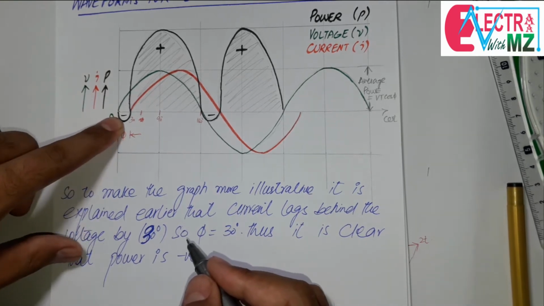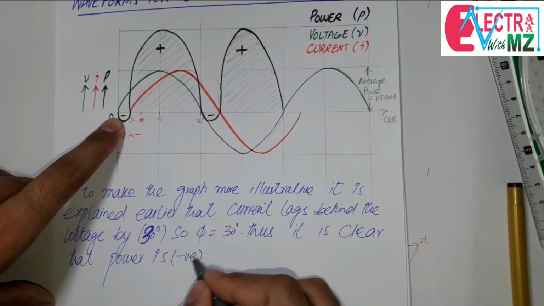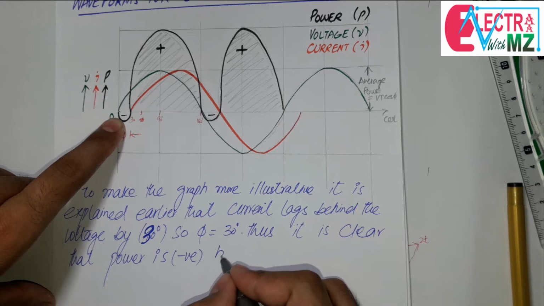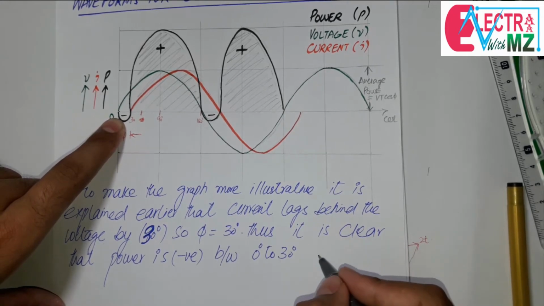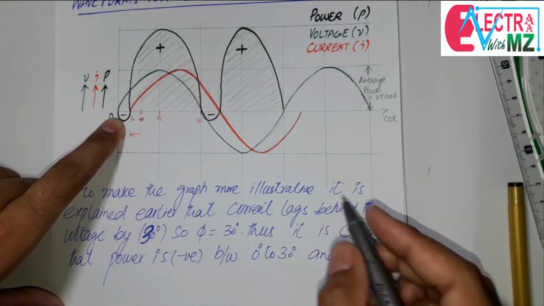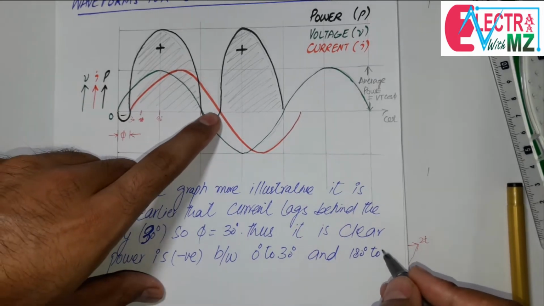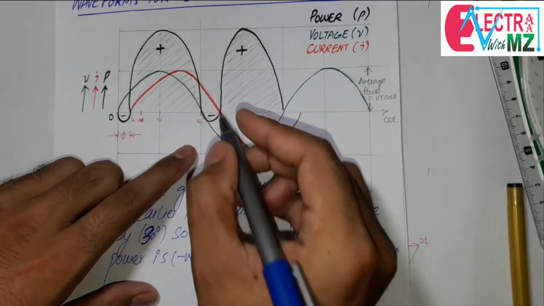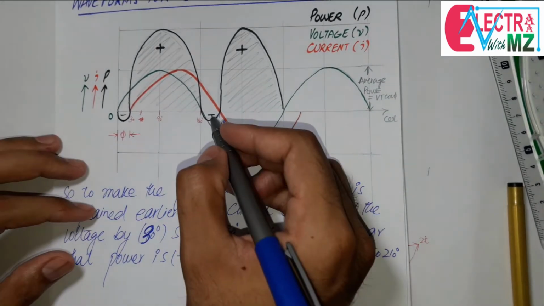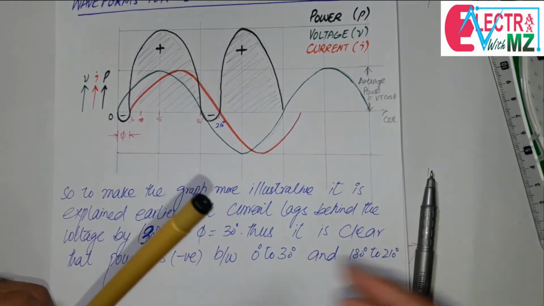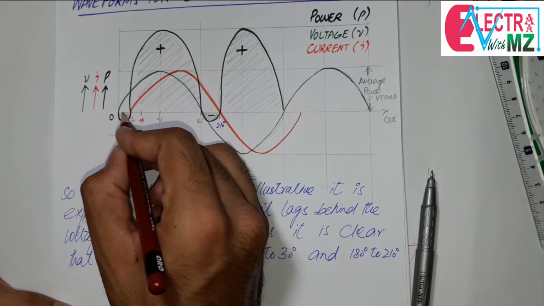Okay, the minus sign I show here means it is negative between 0 degree to 30 degree and between 180 degree to 210 degree. This is the 210 degree. Okay, so this is the negative power. This is the negative power. This is the negative power.